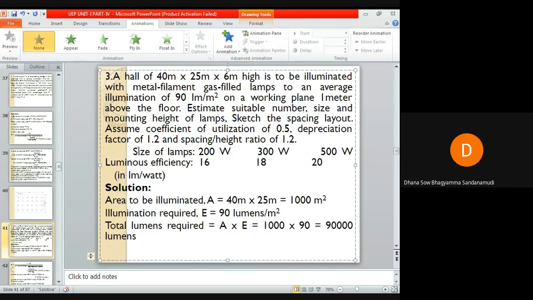Total lumens required is A into E, that is 1000 into 90, so you will get 90,000 lumens. Did you complete that slide?